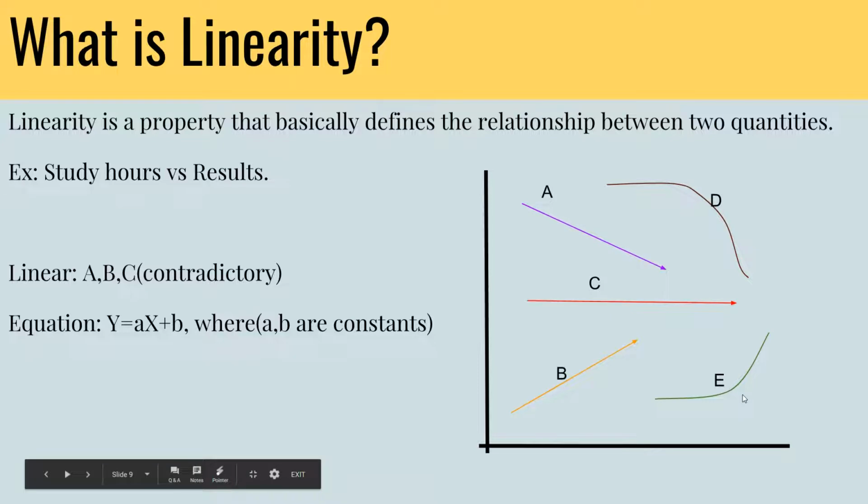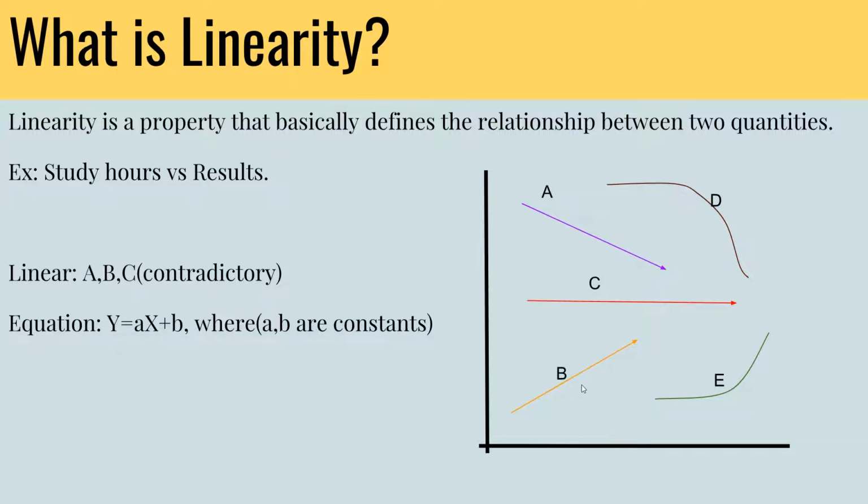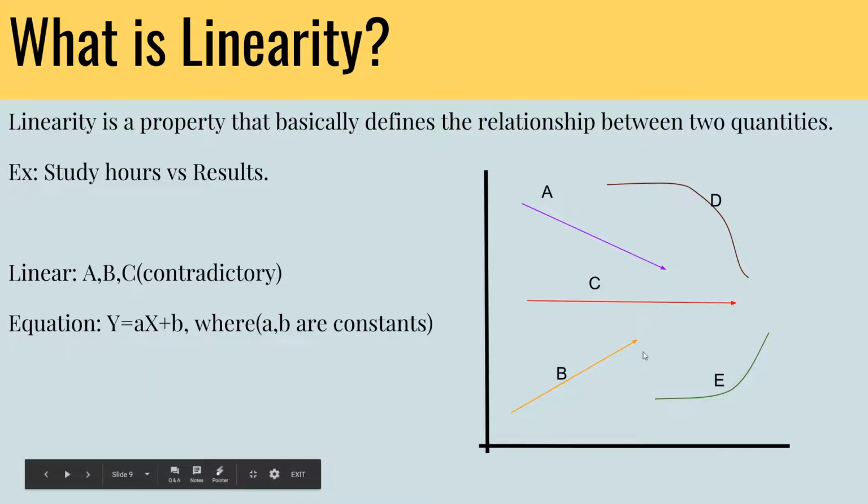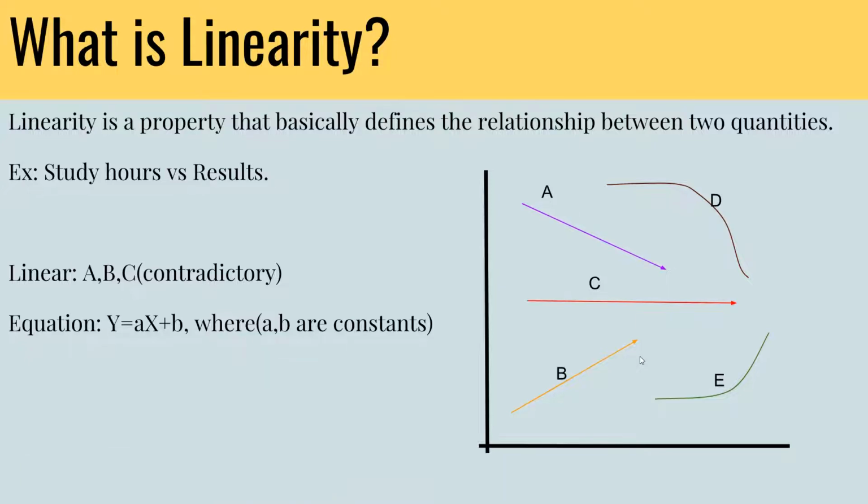So what we must understand from linearity is that the line or the plot that we are visualizing must have a constant slope, or at least a roughly constant slope. There are going to be variations in the data set, but if you can observe a slight straight line inside the data set, you can be pretty sure that it's linear.